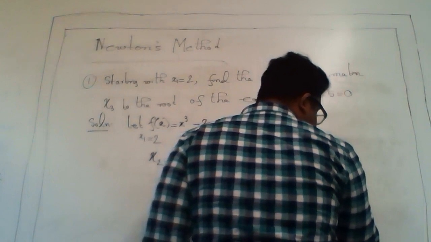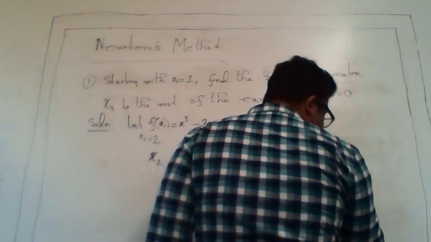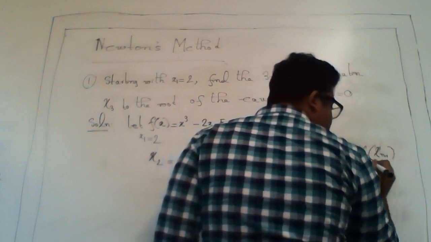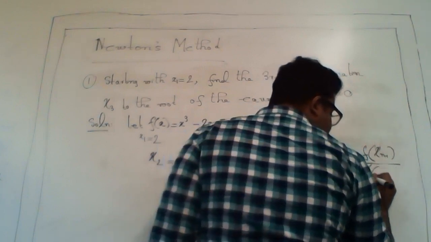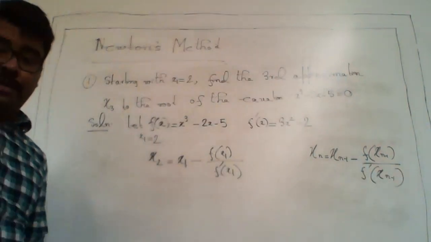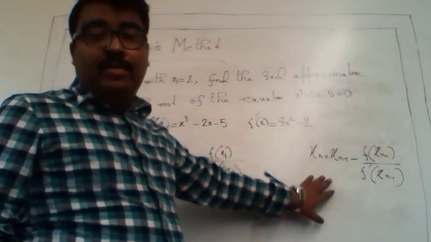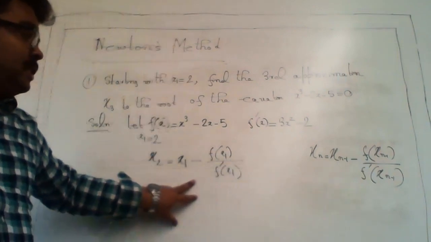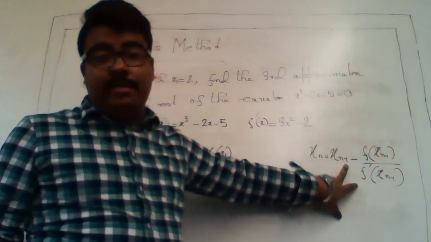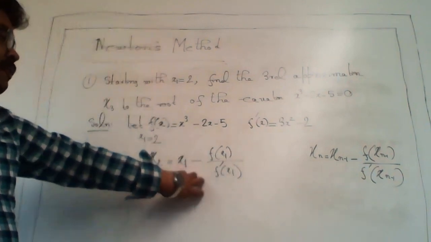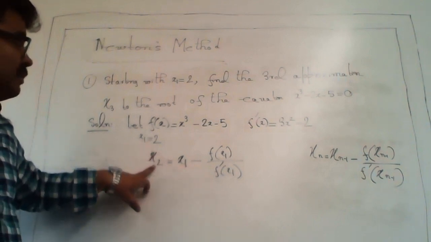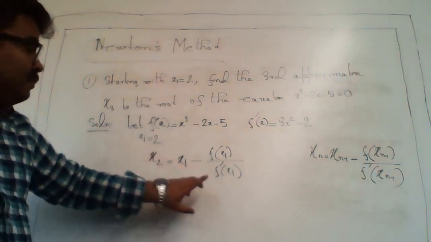The general formula was this: xn equal to xn minus 1 minus f of xn minus 1 divided by f prime xn minus 1. So in this general formula, which I wrote down, if you put n equals to 2, you will get exactly this equation. See, because then n minus 1, so n is 2, so it will be 1. So this is the formula which we have to utilize because we are given x1 and we have to find out x2. Okay.